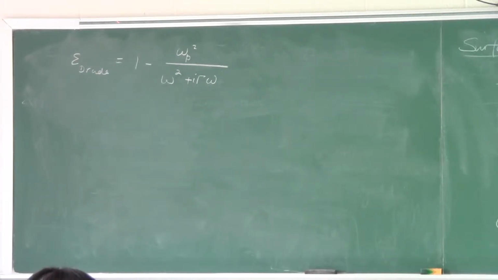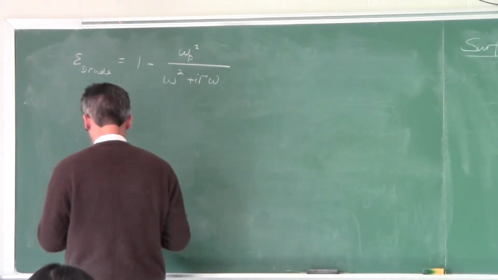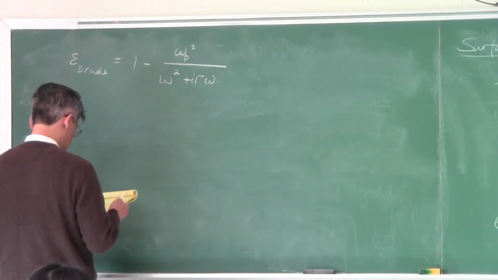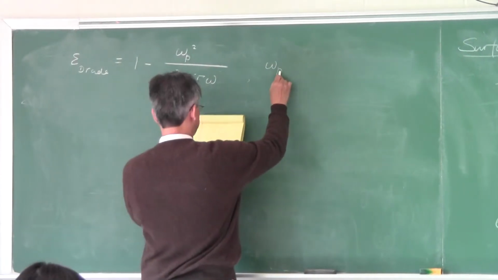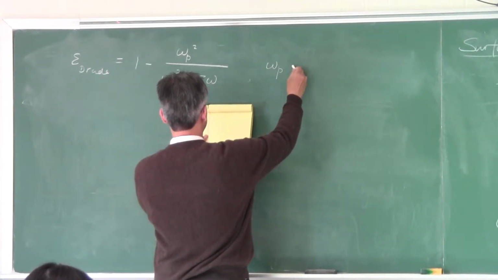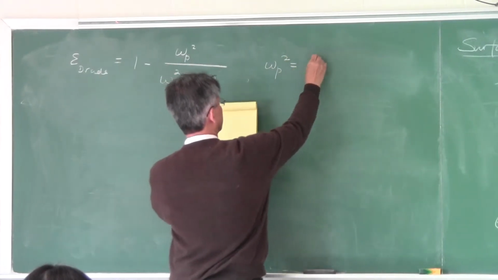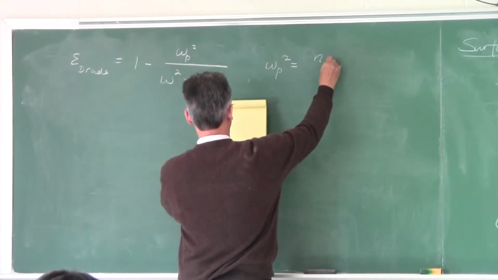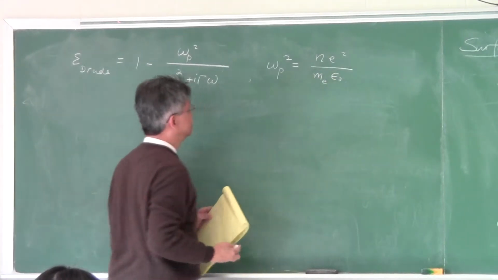and put an epsilon naught in there and call this omega p. And omega p is something that you might have learned before. Omega p is called the plasma resonance frequency. It's going to be something like n e squared over effective mass times epsilon.